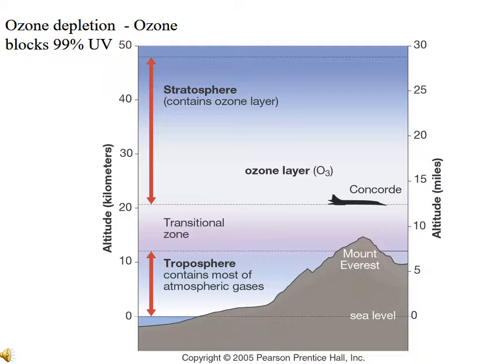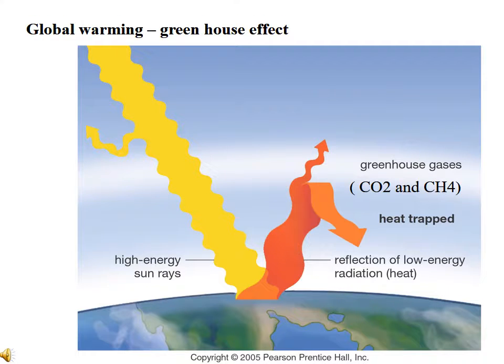And the ozone is important in protecting us against the vast amount of UV that comes from the sun. If we destroy the ozone layer, then basically UV can get right down to us and cause us a world of problems. And the next considerable challenge is global warming.